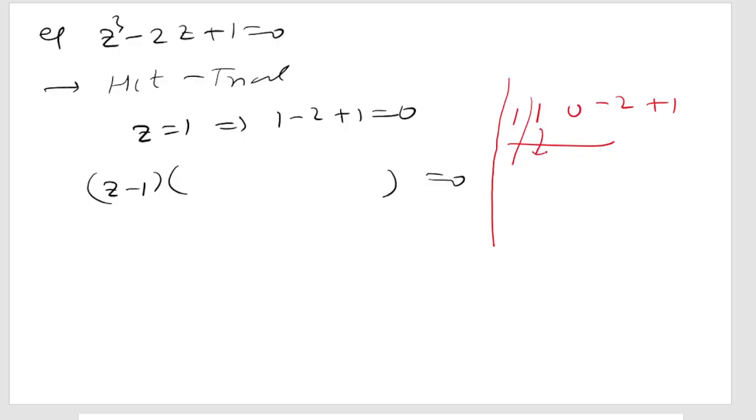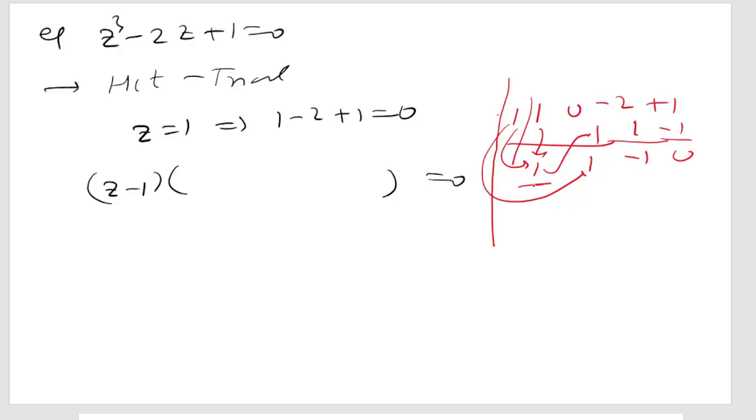I take 1 here, multiply by 1, and put 1 here. Then 1 plus 0 is 1, again I multiply by 1, so 1 plus minus 2 is minus 1. Then again 1 multiplied by minus 1 gives minus 1, and minus 1 plus 1 is 0.